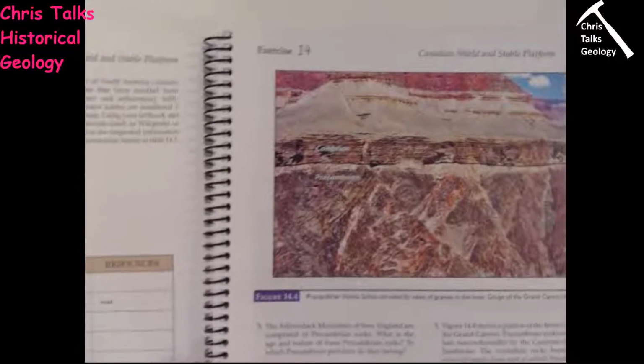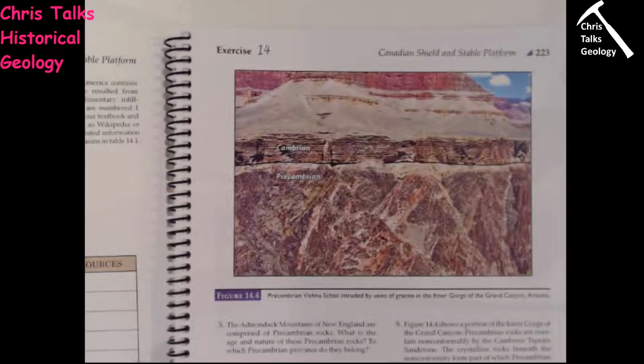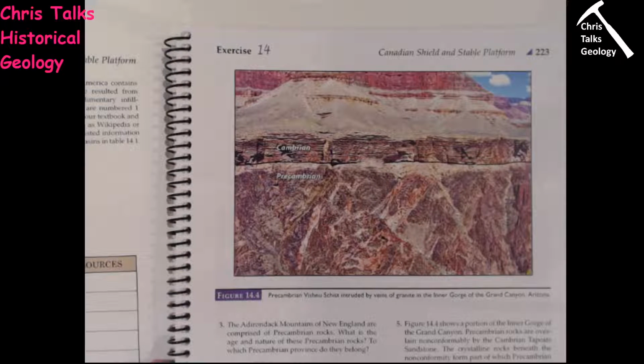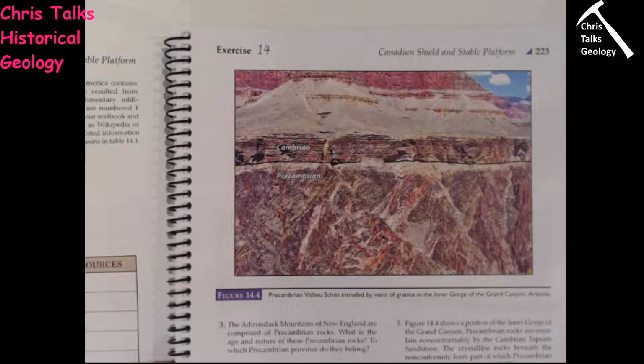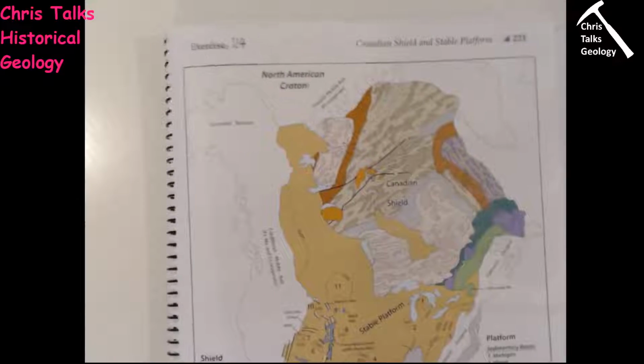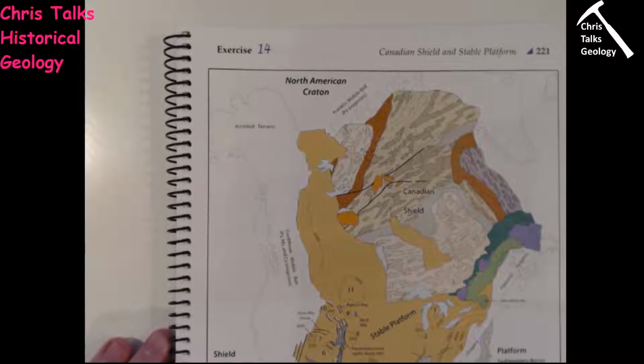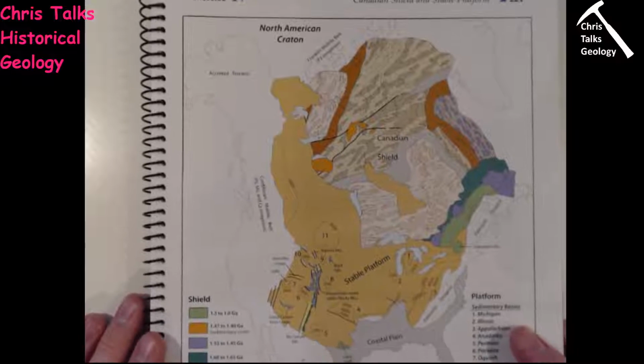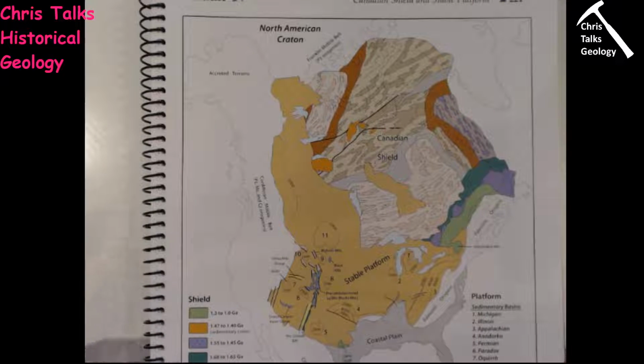So exercise 14 is not a particularly long exercise, but it is going to require a little bit of effort, but that effort shouldn't be too mentally taxing. It's pretty light work, but there's quite a lot of it. Alright guys, so exercise 14, yes, I know it's a bit more work than some of the other exercises, but this is all about trying to make you think about the Precambrian rocks of North America and just how valuable they are, and how they shouldn't just be ignored.